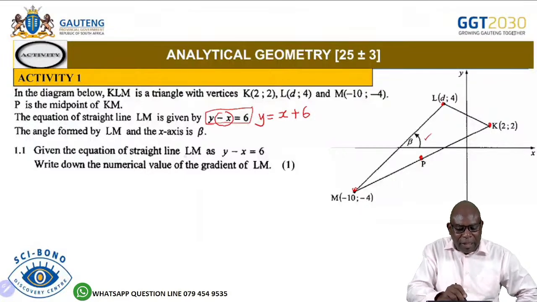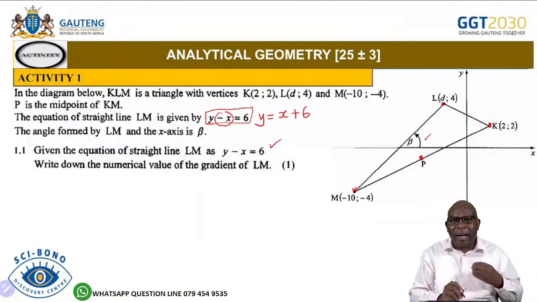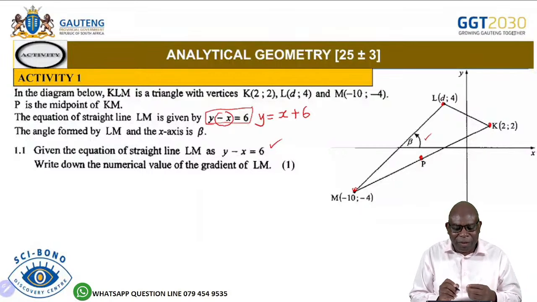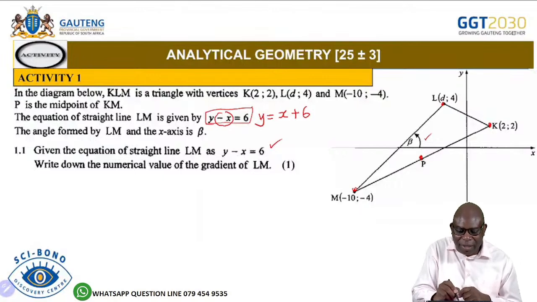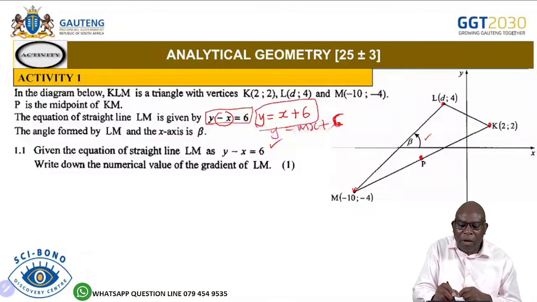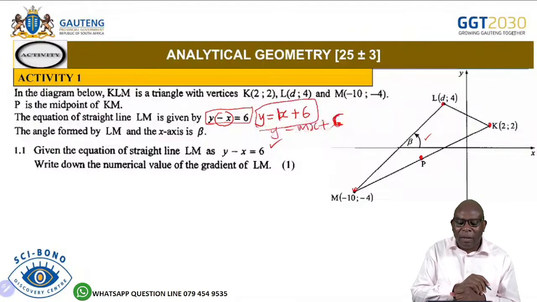Now they say, given the equation of the straight line as this one, you see they are guiding you. Given the equation of the straight line as that, write down the numerical value of the gradient. So the gradient here, remember this is y equals mx plus c. Oh, I can see you're smiling now to say, oh no, the gradient will always be that value there.